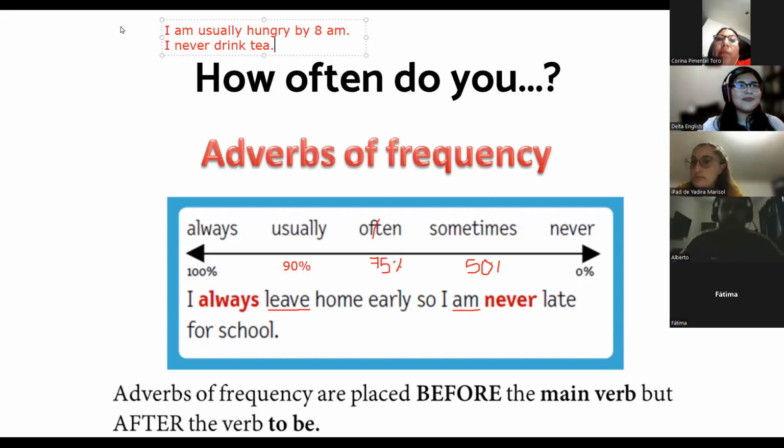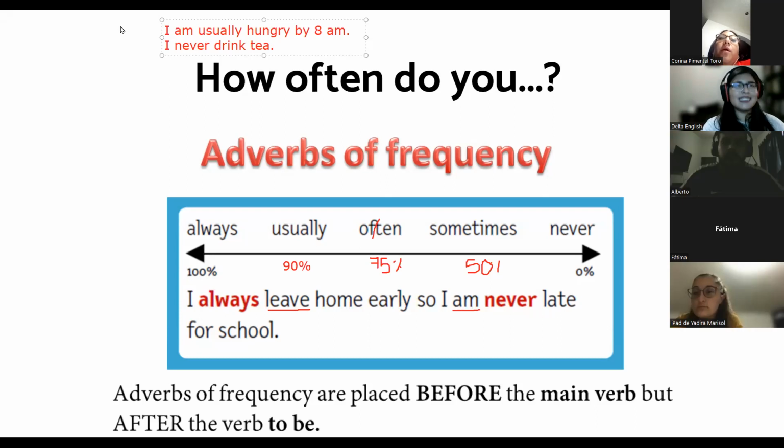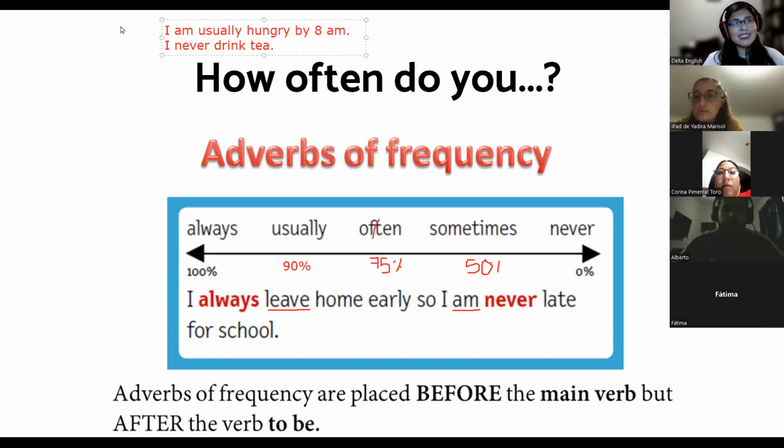Corina? Miss, ¿por qué al usar la hora utiliza el by en lugar del at? Ah, porque estoy diciendo algo diferente. Si yo utilizara el at, estaría diciendo, usualmente tengo hambre a las 8.